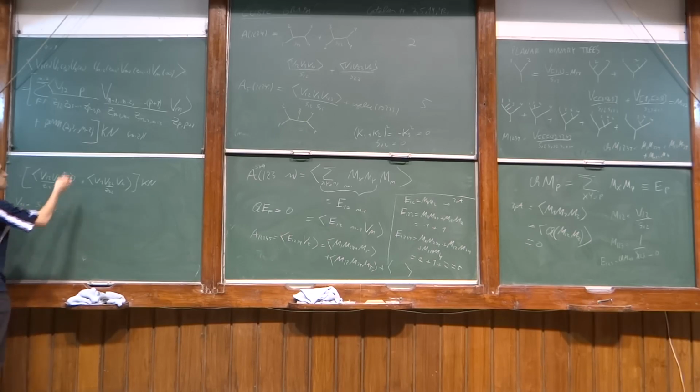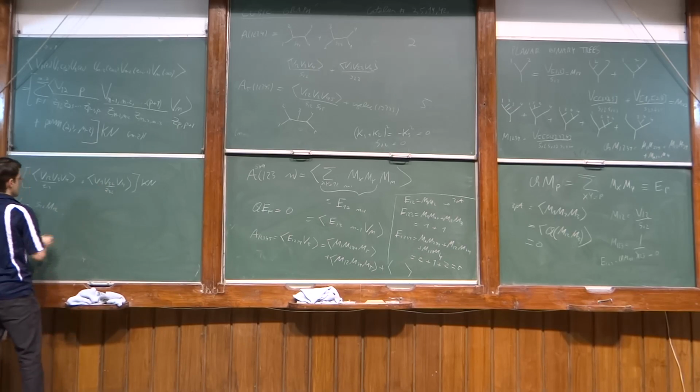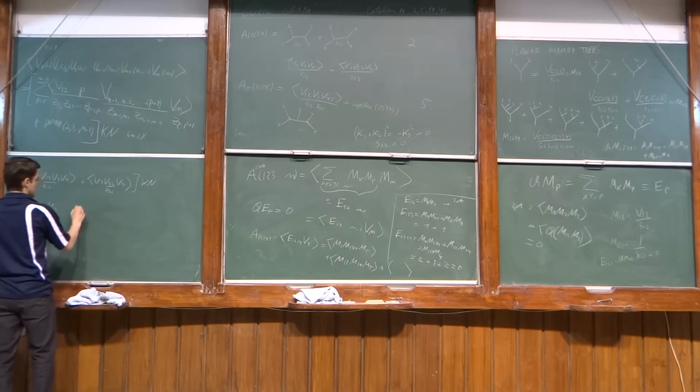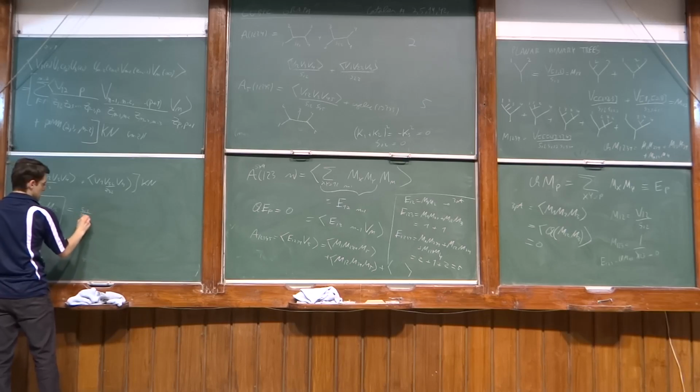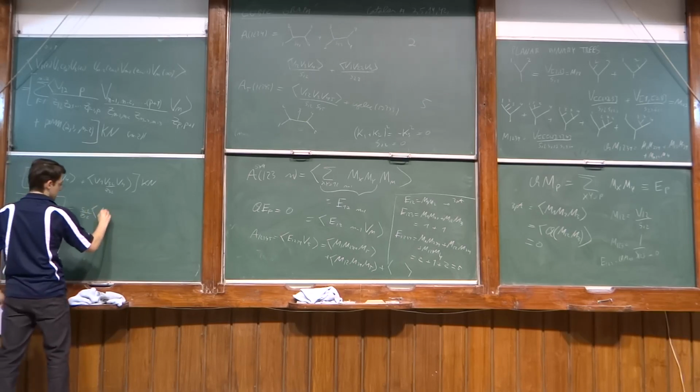It's just triviality at this point here. And similarly there. So the correlator becomes S12 over Z12, and then I'm going to write everything in terms of M's now.